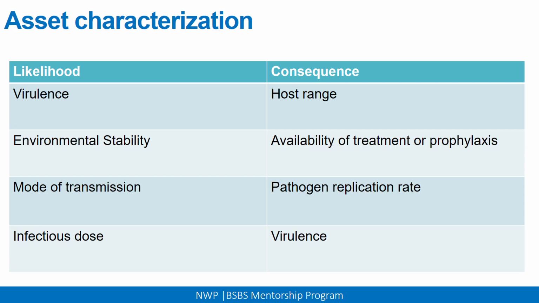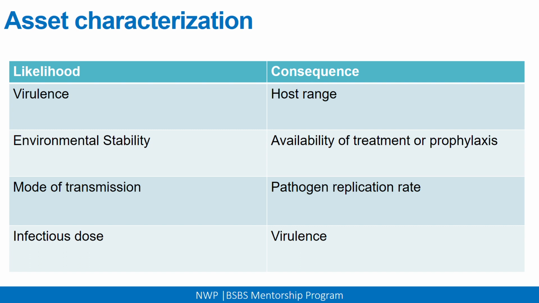So let's look at the consequence. What about this agent? What may be the consequence if you get exposed to this particular agent? If the consequence is high, it means that it will be more valuable to me as well as to someone who would want to actually get it.